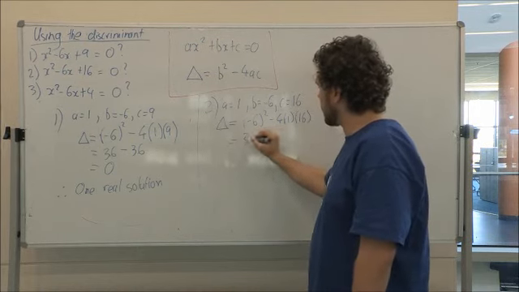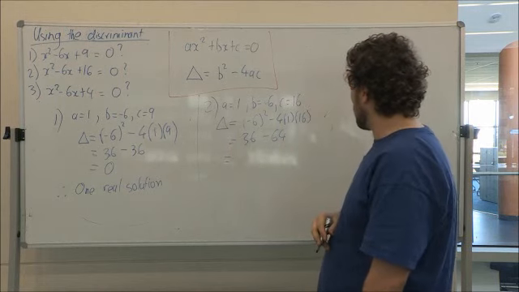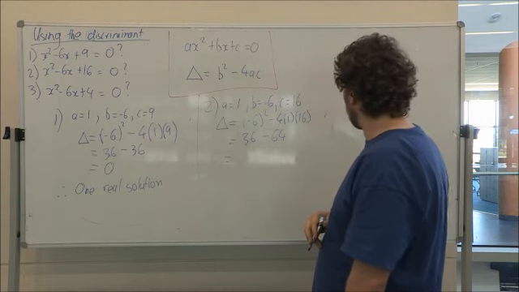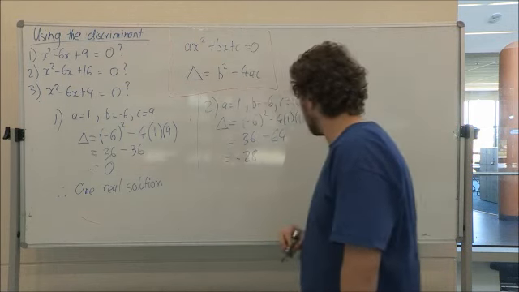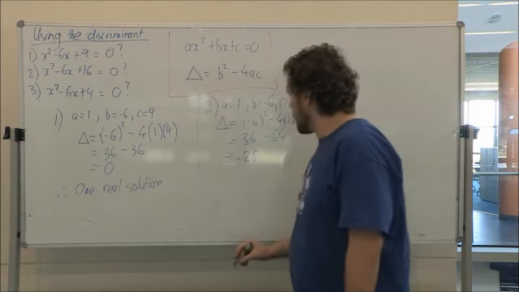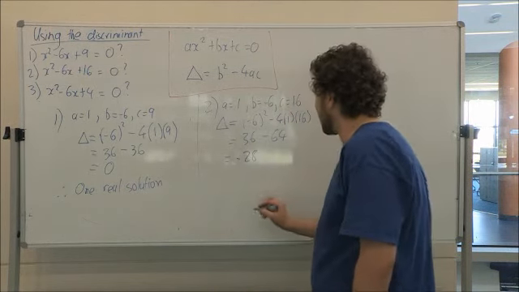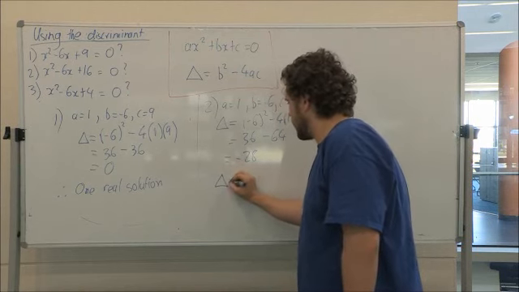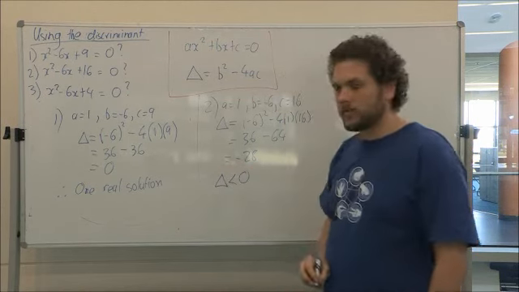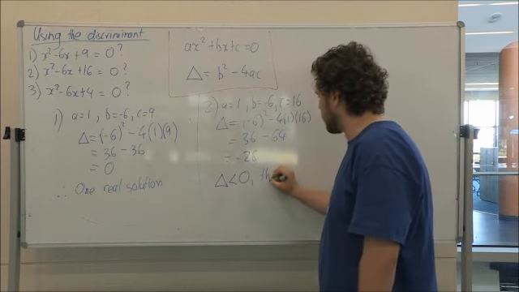So you're going to get 36 minus 64, which is going to give you -28. Okay? Yes? Okay, I'm getting agreement from the peanut gallery. And you say, since the discriminant for this question is less than 0, there are no real solutions.